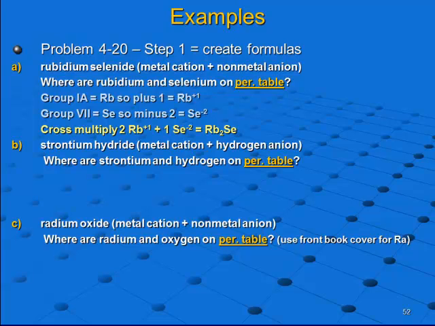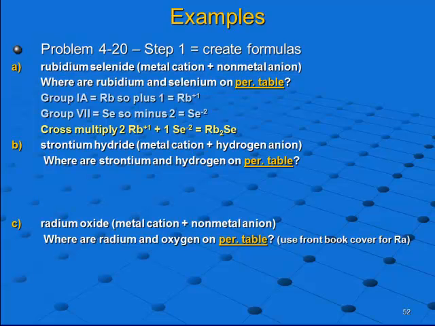So the name, we don't have to specify the ratio in the name. It's just rubidium selenide. Now the next example, strontium hydride. When hydrogen is in a salt with a metal, it takes on a negative charge, and it's always a -1. When it's in a compound with a nonmetal, then it's going to be +1.